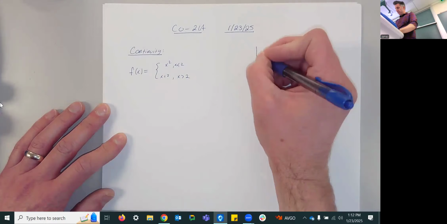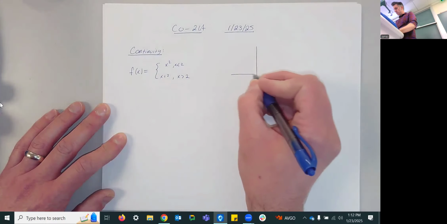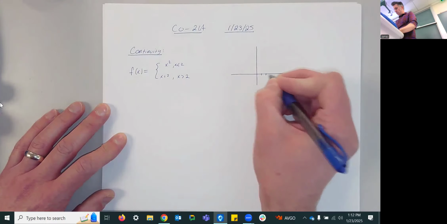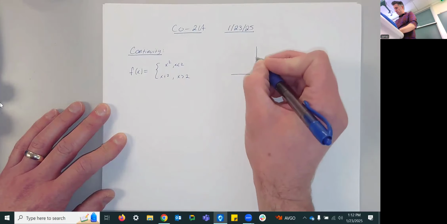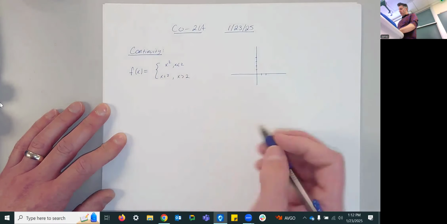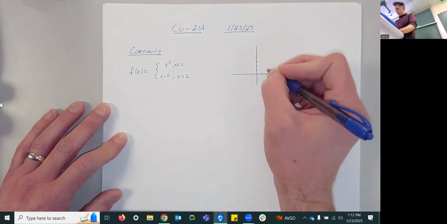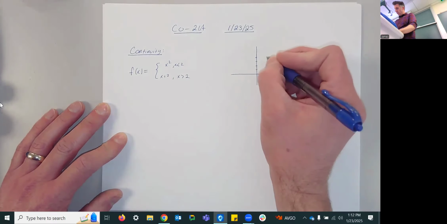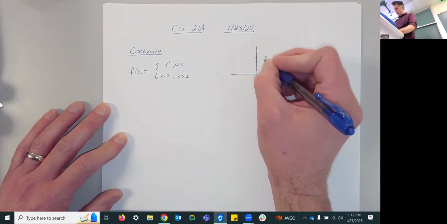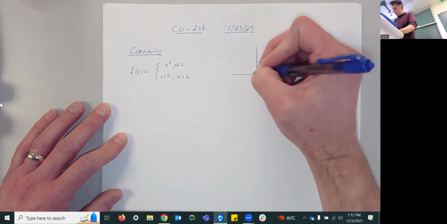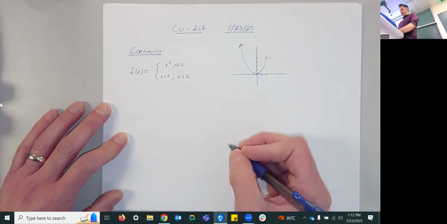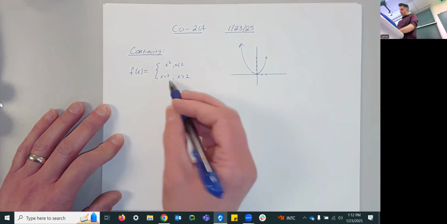Graph it. Things are happening at 2. So it's equal to the nice good old parabola, x squared, to the left of 2. And if we plugged in 2, 2 squared would be 4. So it looks something like this. And then to the right, it would look like the line y equals x plus 2.